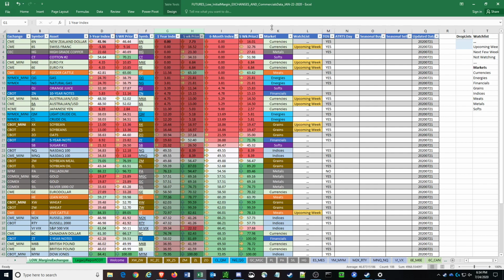We do a sort order for the 6-month index here. We're just looking at the bottom of the list, so the most negative outlook. We've been paying attention to this recently because the market is turning a little bit, especially in the currency department. You'll notice that the New Zealand dollar, Swiss franc, the Eurofx, and the Australian dollar are all looking pretty bearish on the side of commercial interest.